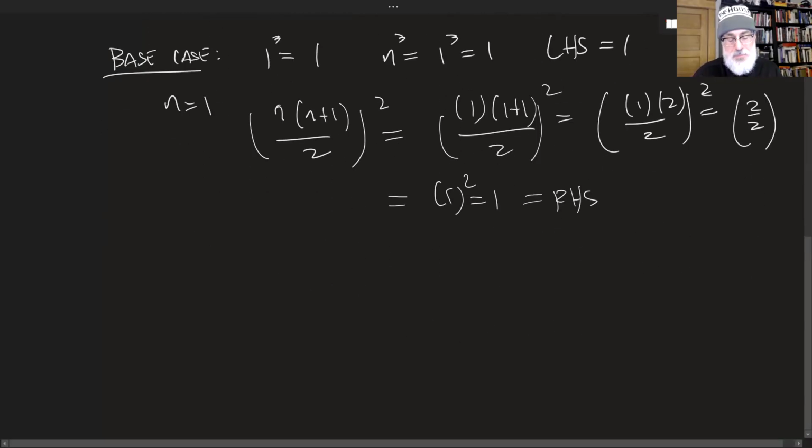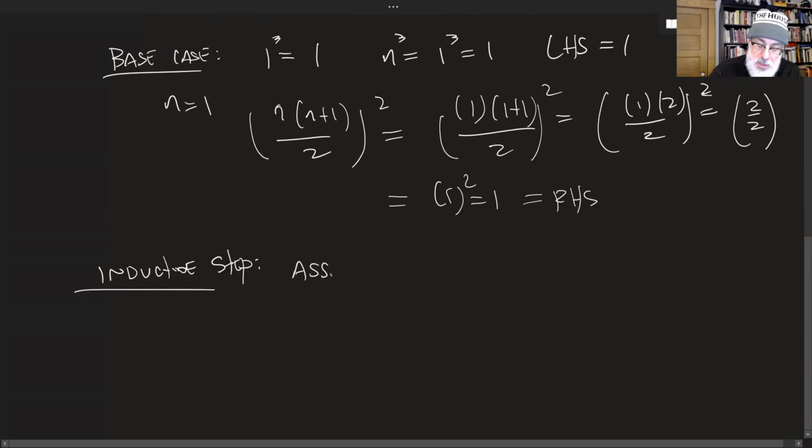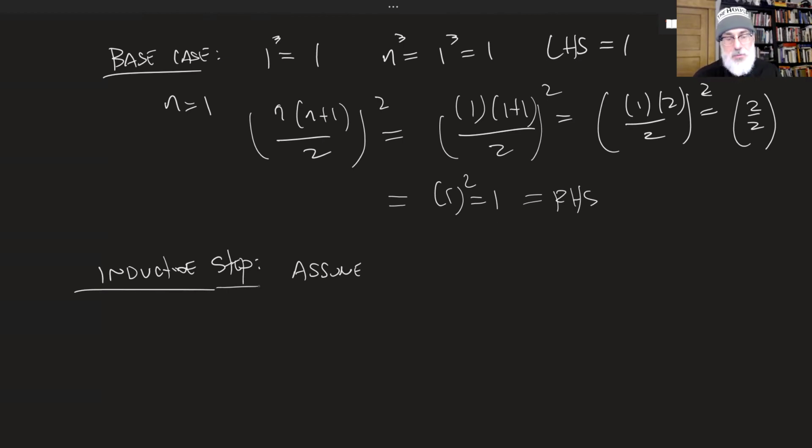The inductive step is where we first establish our induction hypothesis. In most discrete mathematics classes or number theory classes, you will replace your n with some other variable.